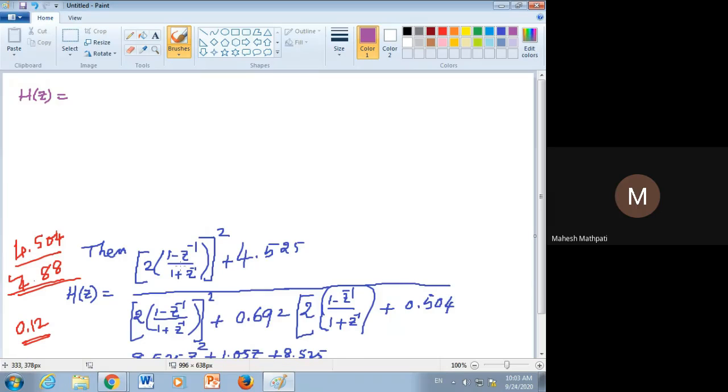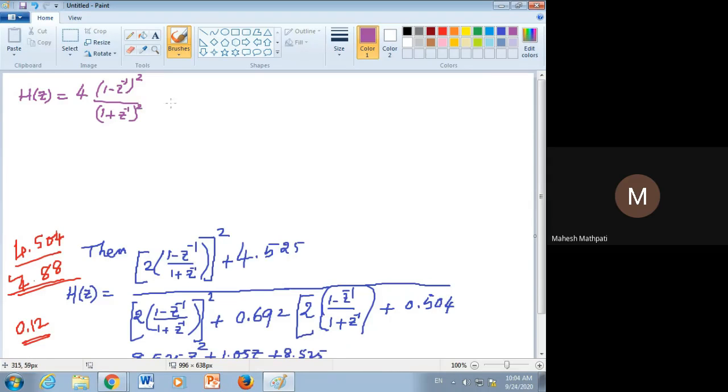It is 2 into 1 minus z inverse divided by 1 plus z inverse square. So I can write it as 4 into 1 minus z inverse square divided by 1 plus z inverse square.